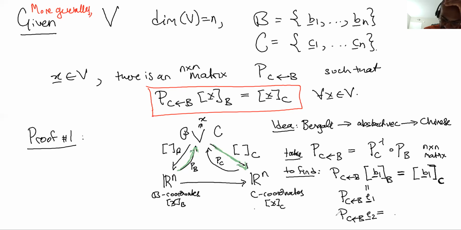So this is equal to P, C gets B applied to E2, but the whole point of this transformation is to change this to a C coordinate vector. So by definition, what you get is the C coordinate vector of B2. And then if you repeat this, the conclusion is something very nice. So let me write the conclusion here.